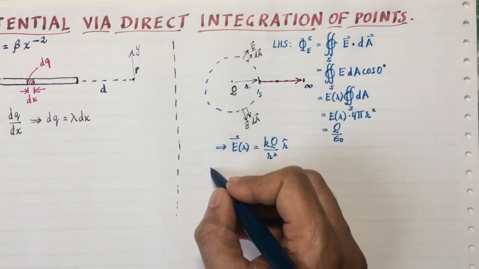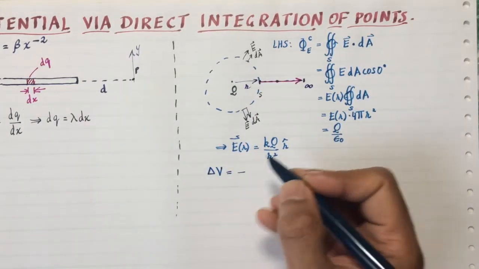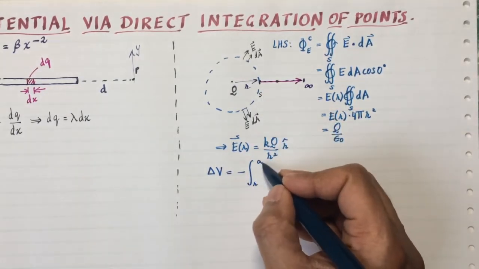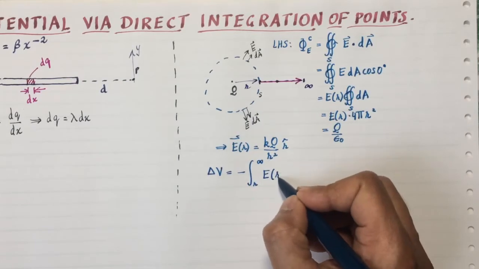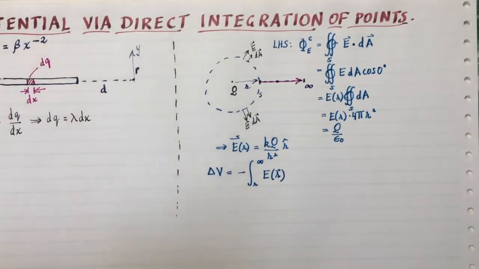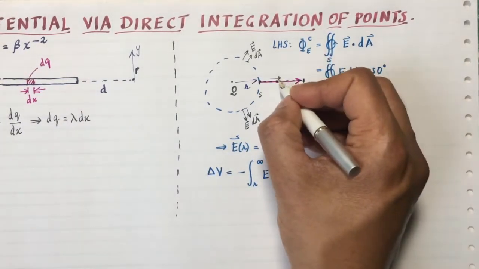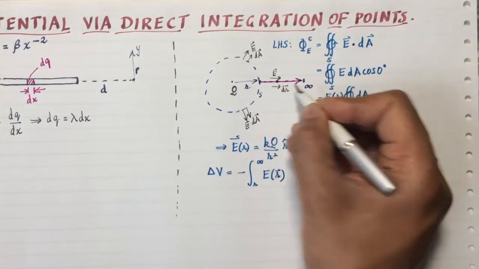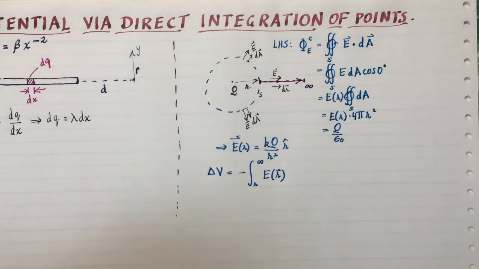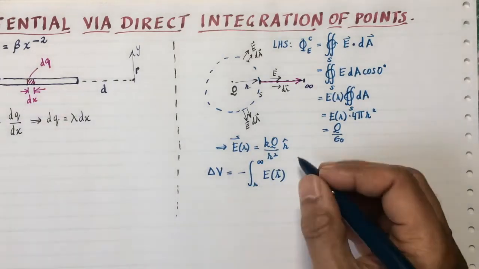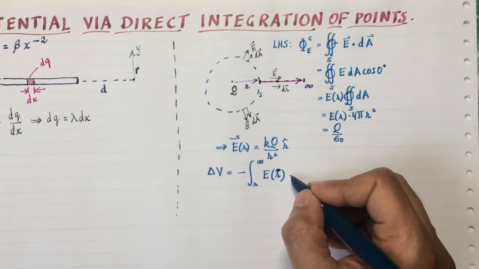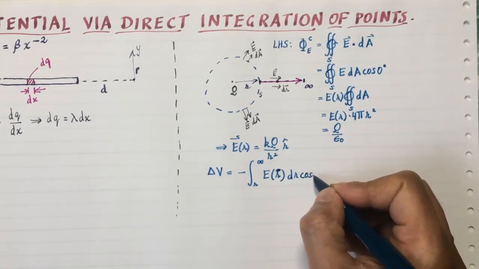Remember, the master equation for potential difference is delta V equals minus integral, the initial value is r, to infinity of E of r. Now mind you that E of r and dr are parallel in this case. E of r points outward to infinity and dr also points out to infinity. So E and dr are parallel, so that's going to be E of r times dr times cosine of 0 degrees.